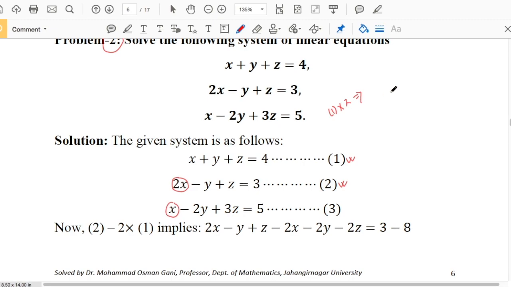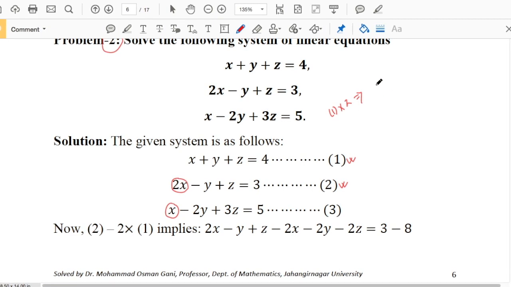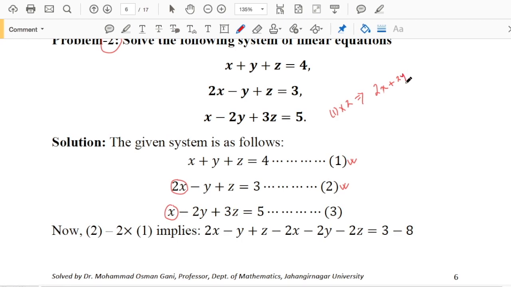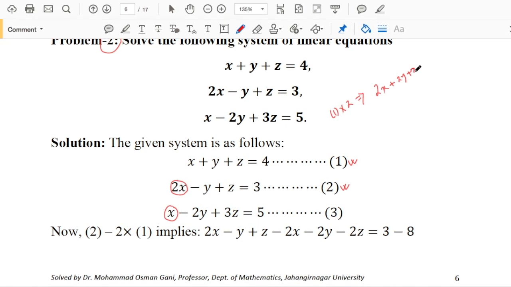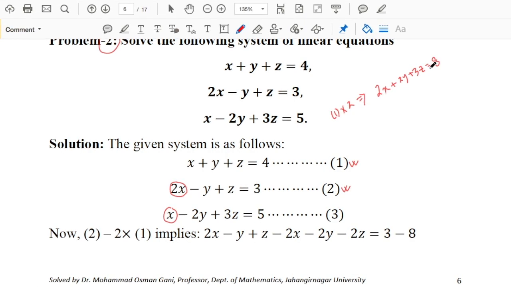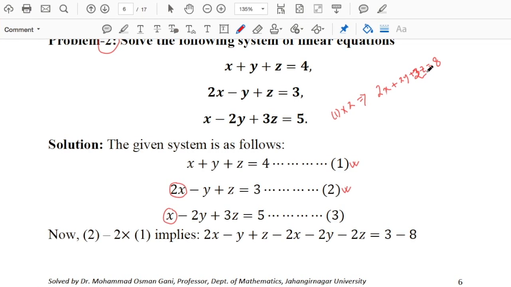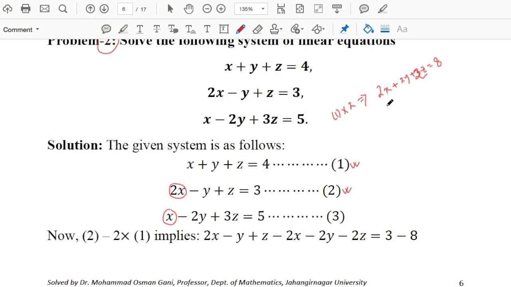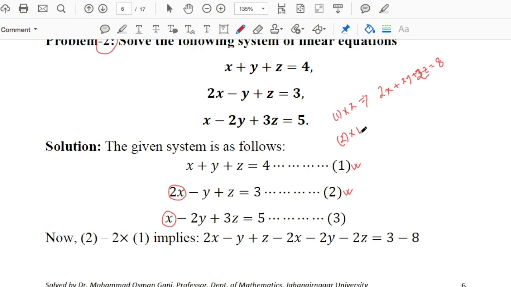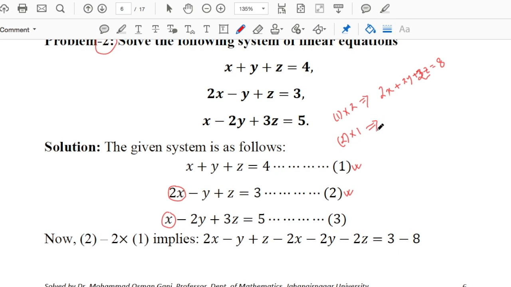So if we multiply equation 1 by 2, we get 2x plus 2y plus 2z is equal to 8, and equation 2 will be as it is, so we multiply it by 1.